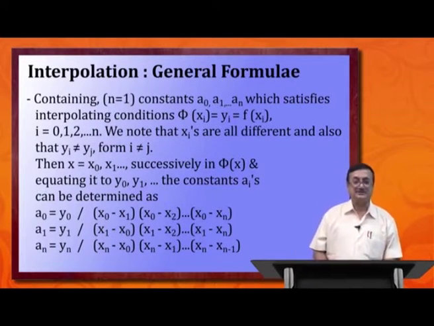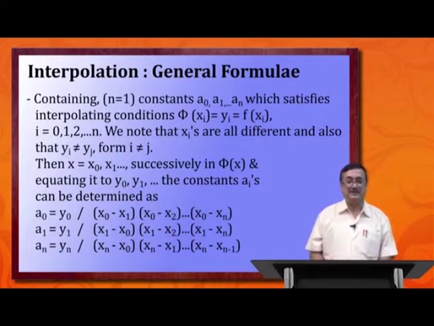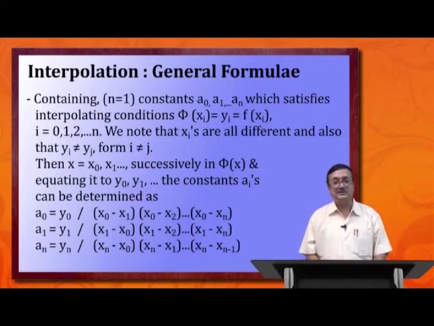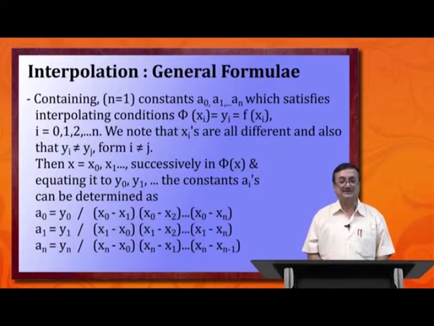We should note that xi and yi are the corresponding interpolating points in which no two xi's are equal, that is xi is not equal to xj for i not equal to j.